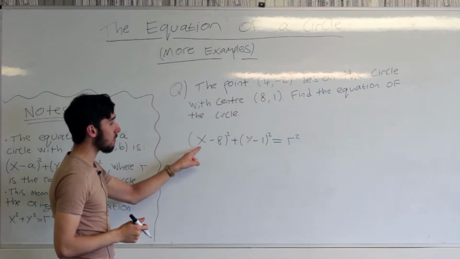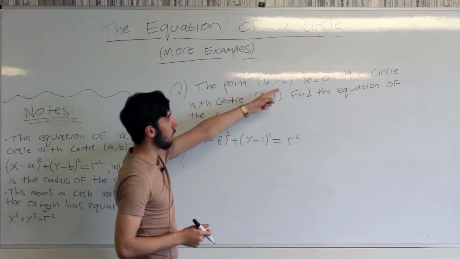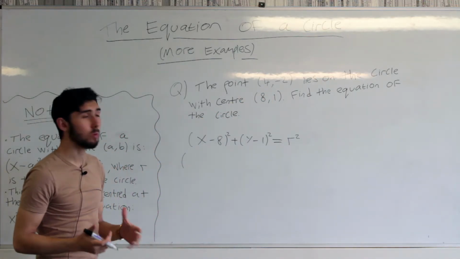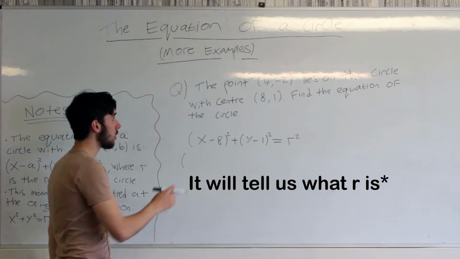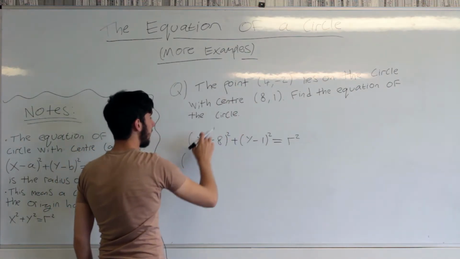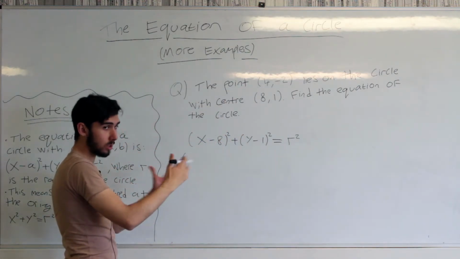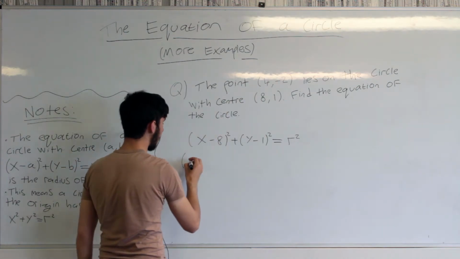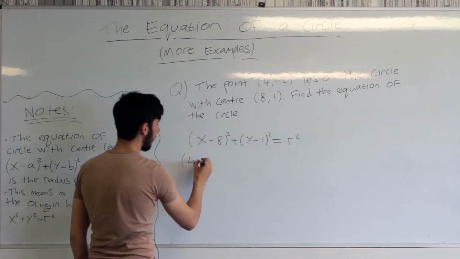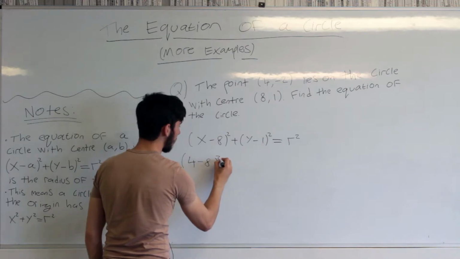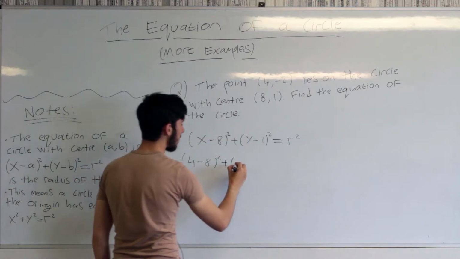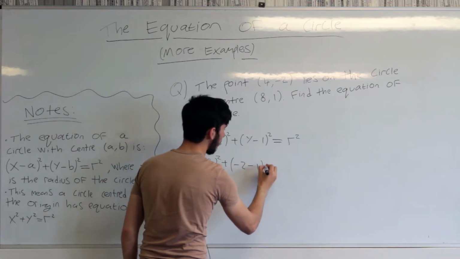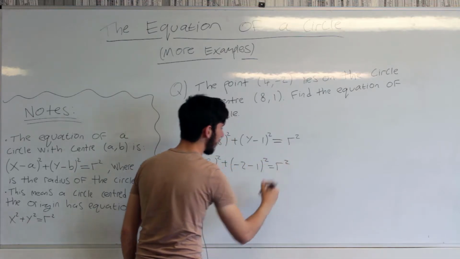We can replace the x and the y coordinate with 4 and -2 respectively, and it will tell us what r is if we rearrange. So for x, 4 is on the circle, so there we go. We just put the 4 in there where the x was, minus 8, that was already there, squared, plus y is -2, minus 1 squared equals r².